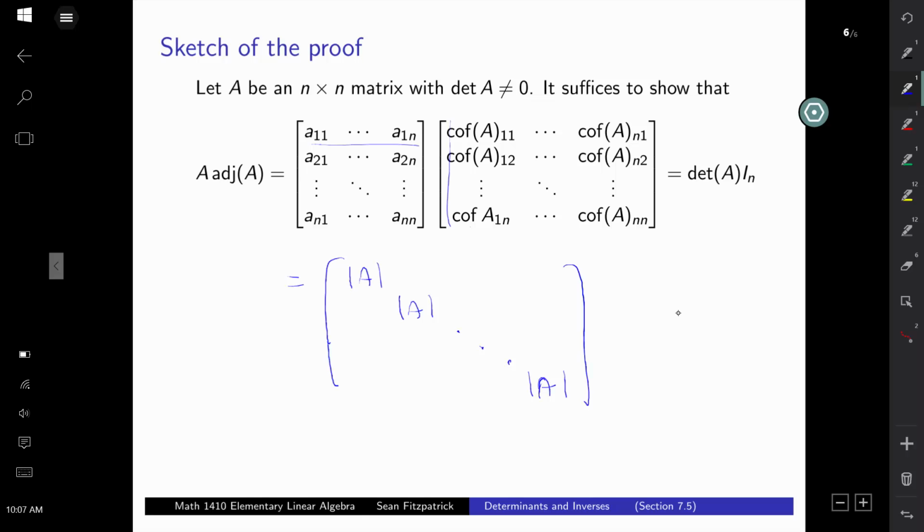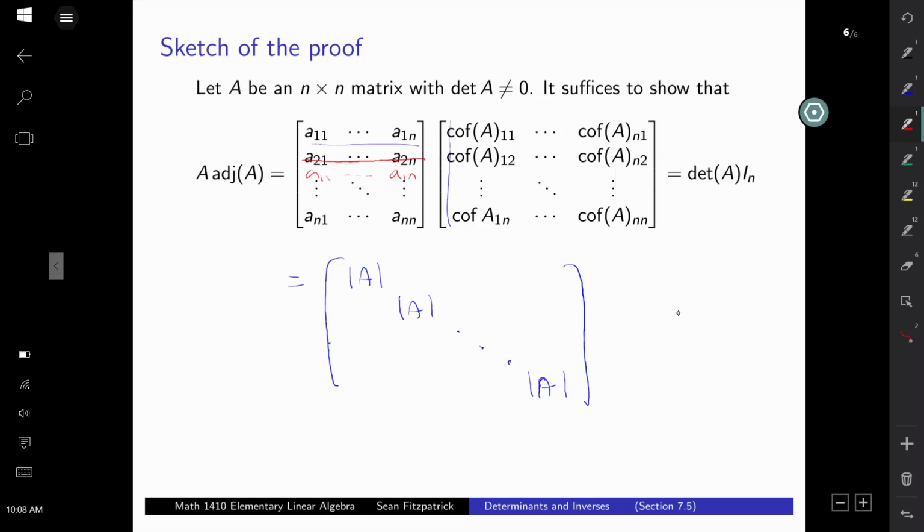Why are the off-diagonal entries equal to 0? Well, the easiest way to see that is that you're taking the coefficients along one of the rows and multiplying by the cofactors along one of the other rows. That's what you would get if, let's say, row 1 times column 2, that would be like taking the determinant if I had scratched out row 2 here and wrote another copy of row 1, and then did the cofactor expansion for that matrix along row 2.